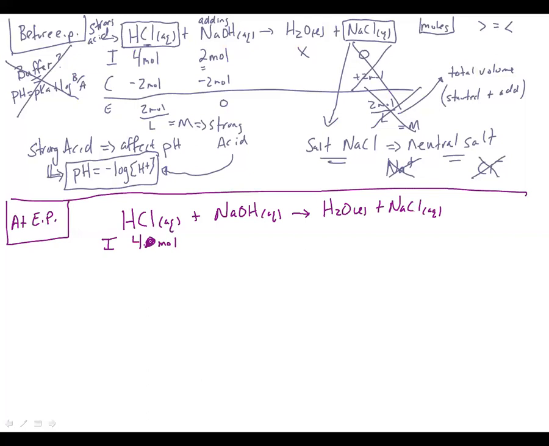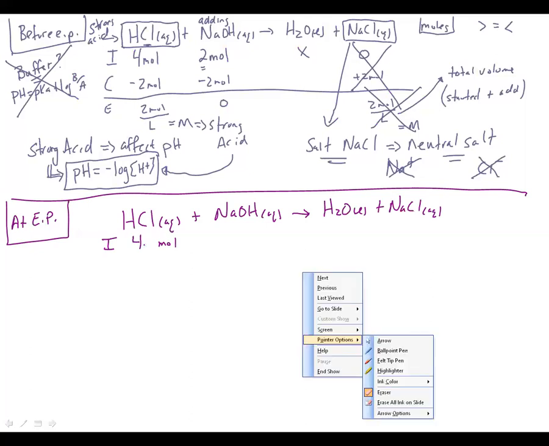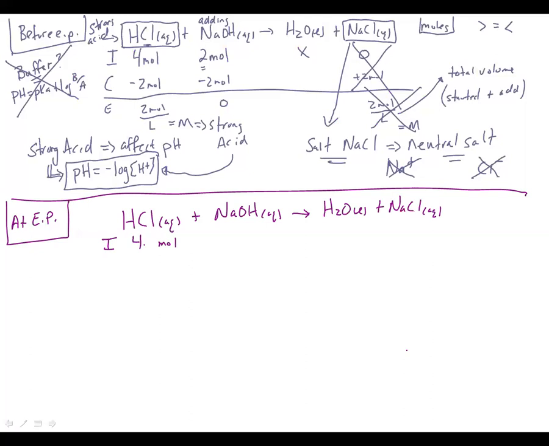And in this particular case, since we are now at the equivalence point, we should be able to make a determination of how much sodium hydroxide we added. So since basically the definition of equivalence point is the moles of the acid will equal the moles of the base, we know right off the bat that the moles of sodium hydroxide here should also be 4 as well.